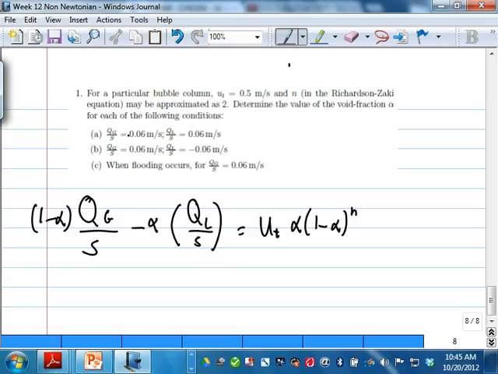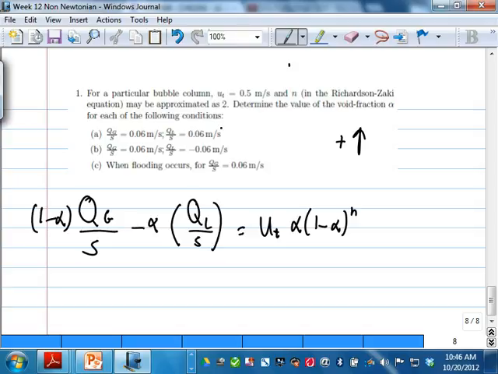So that one is co-current flow. Positive is upward direction. Both the gas is moving upwards and the liquid is also moving upwards.